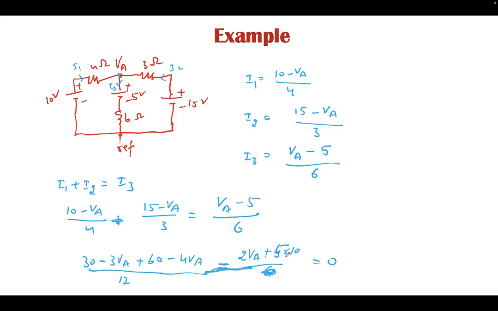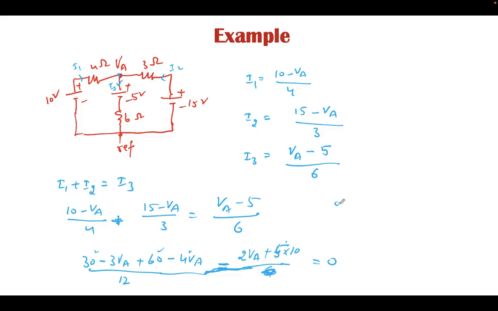This is how the equation is rearranged. Here it is 30 plus 60 is 90, minus 3VA, minus 4VA, and minus 2VA.